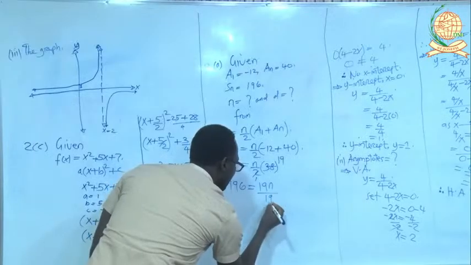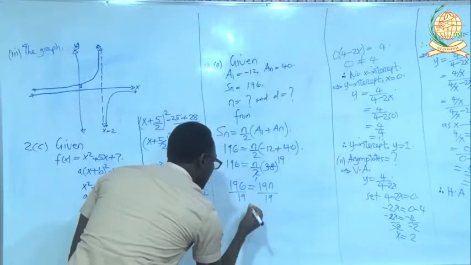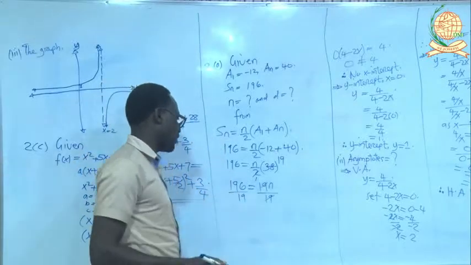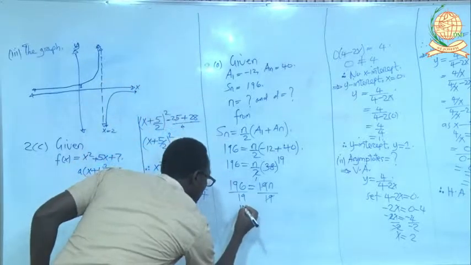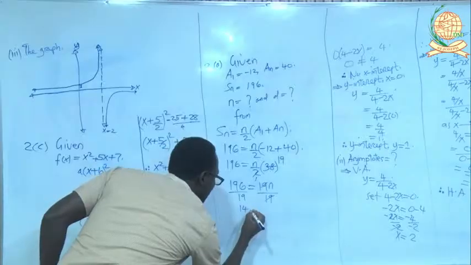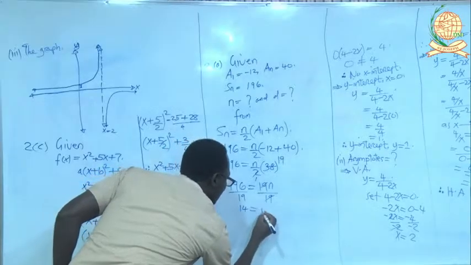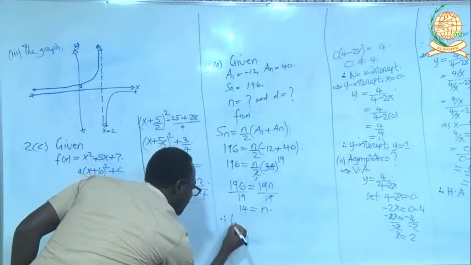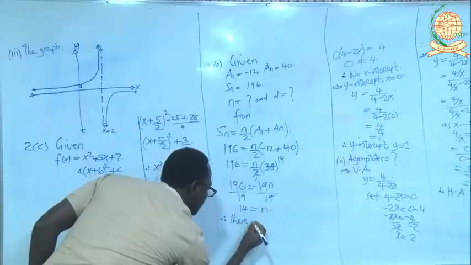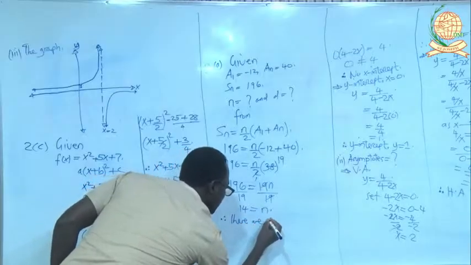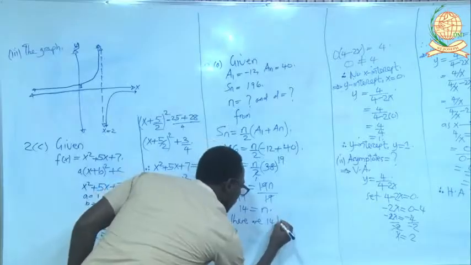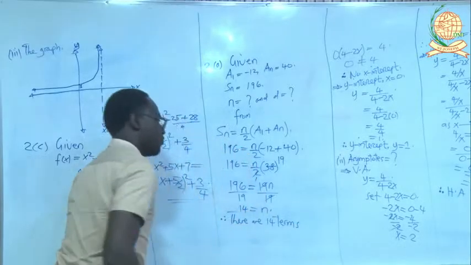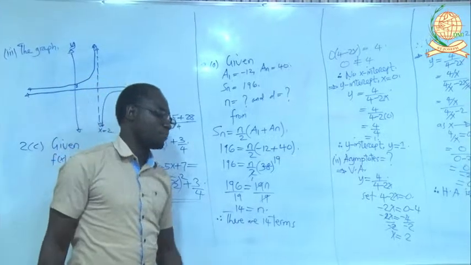Divide by 19 on both sides, and 19 cancels. 196 over 19, you'll get 14. Therefore, the number of terms is 14.